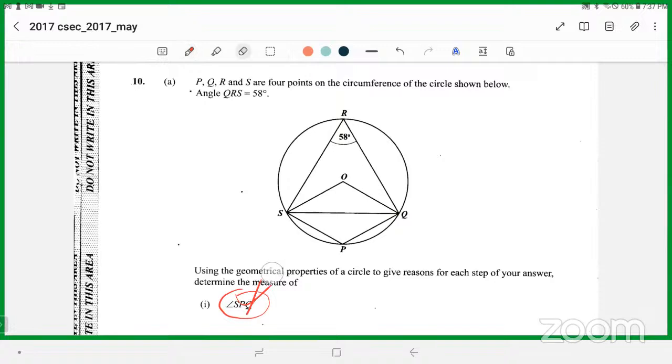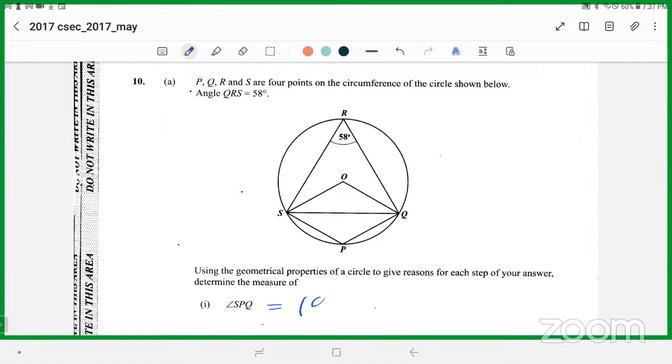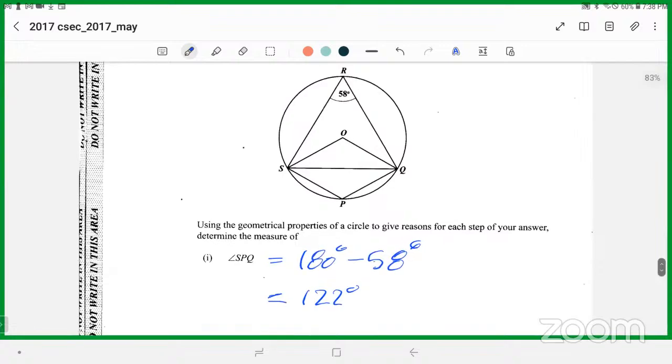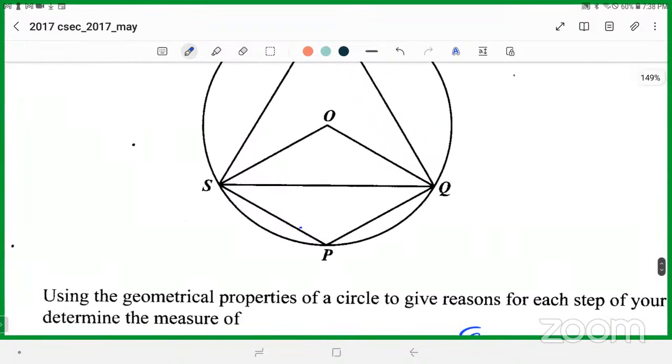All right, so it is 180 minus 58. So this angle is 180 degrees minus 58 degrees. What does that work out to? Minus 50 first, we get 130, minus 8 more, we get 122. 122 degrees. That's this angle right here, 122 degrees, because of opposite angles in a cyclic quadrilateral.